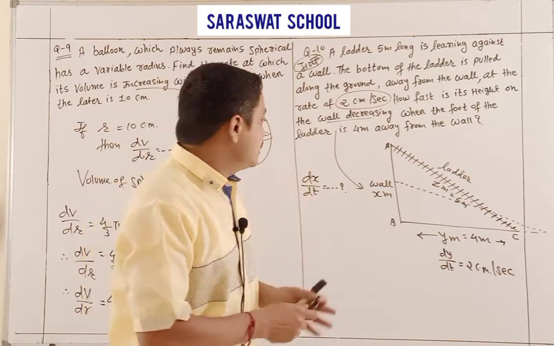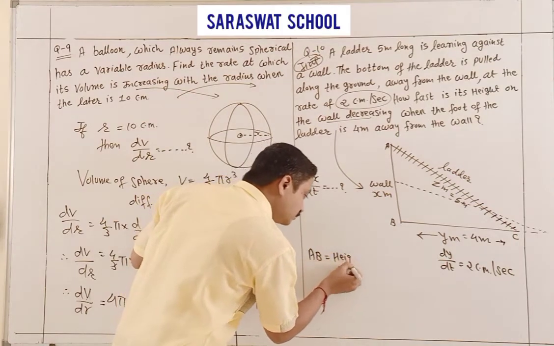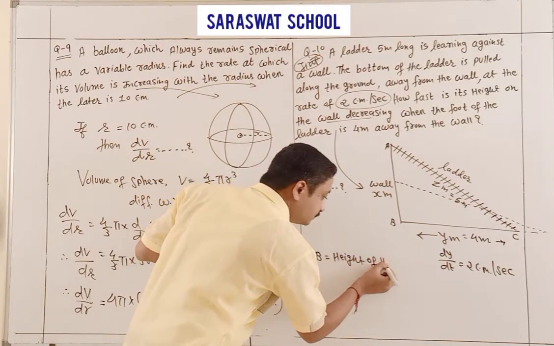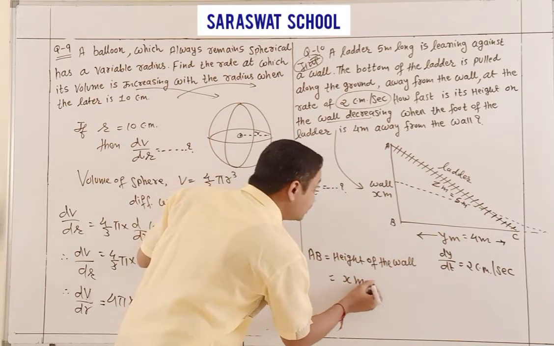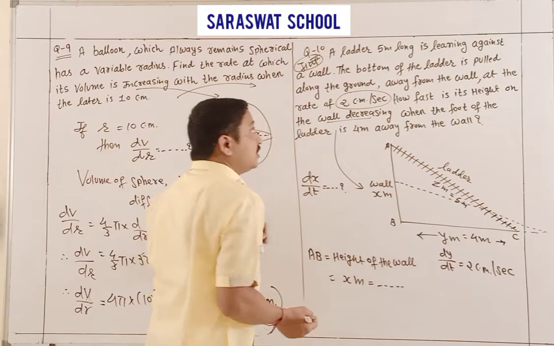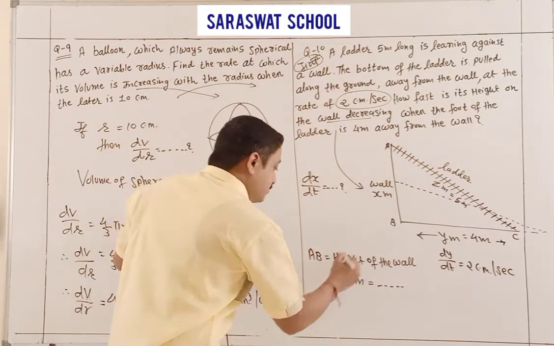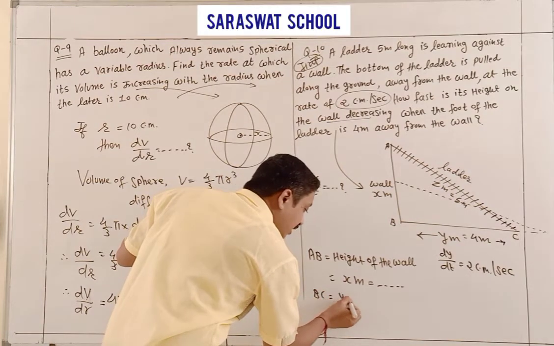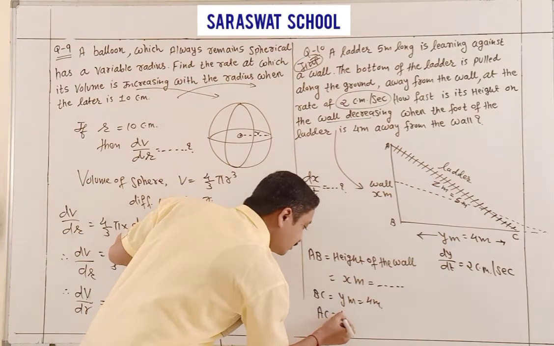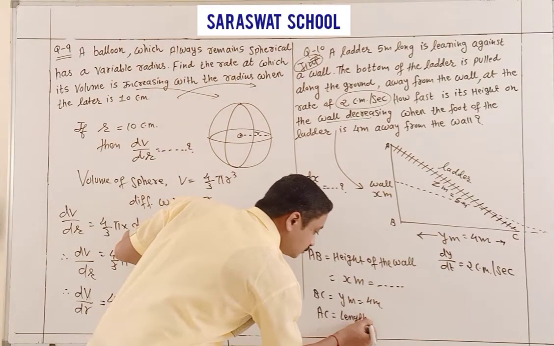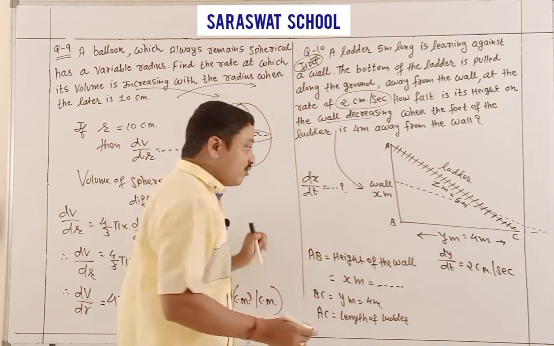That's the main point. So here I am taking AB equal to the height of the wall, and which is given how much? X meter. Is it given? No, it is my target. Now after that, I just assume Y meter, given that 4 meter, and the length of the ladder, how much is it? 5 meter.